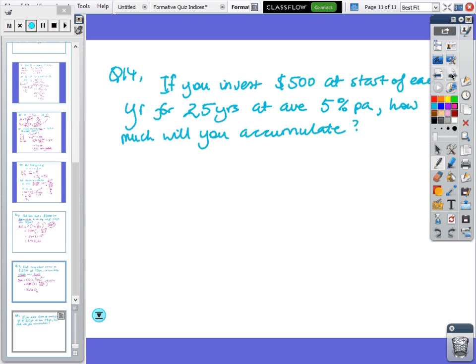Okay, coming across, last one, page 11, investing $500 in a superannuation. This is straightforward. You've got your calculator, you've got your formula, you should be able to bang it out. So the balance equals the payment times r to the n minus 1, over r minus 1.